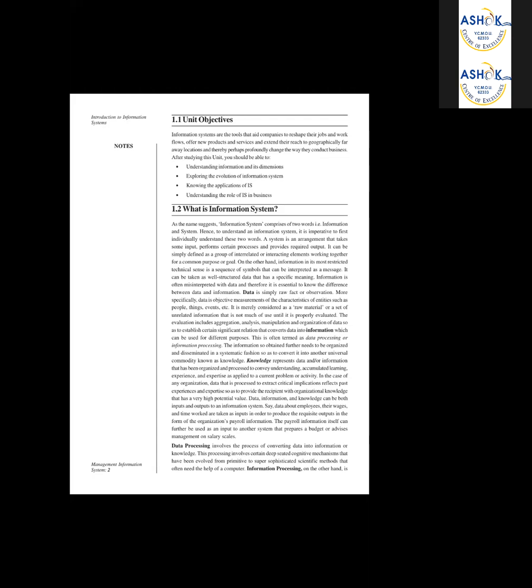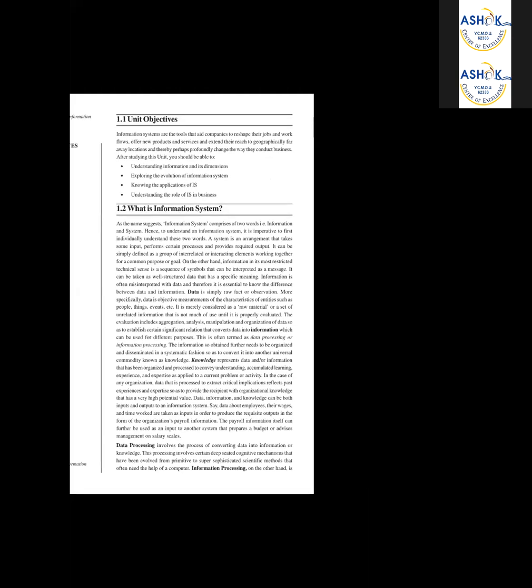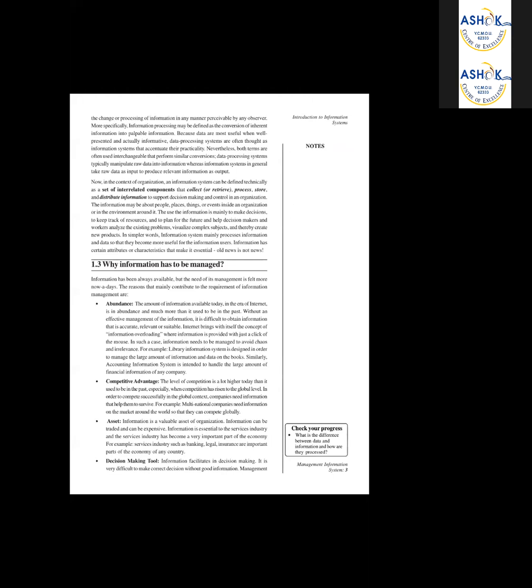Information processing, on the other hand, is the change or processing of information in any manner detectable by any observer. More specifically, information processing may be defined as the conversion of input information into usable information.